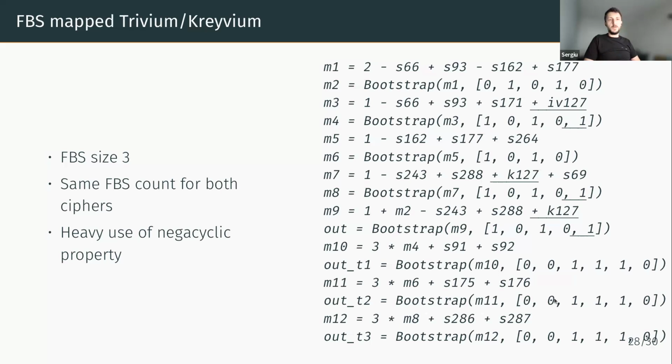Also observe that the mapped circuit heavily uses the negacyclic property because all the test vectors have a size larger than 3. The smallest one is 4 and the largest one is 6. So the last one uses the negacyclic property at the maximum level, which is helpful because it allows us to decrease the number of bootstraps.